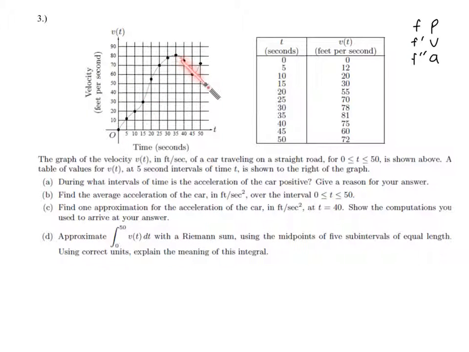Our velocity is decreasing from 30 to 45, so the acceleration would be negative. And then from 45 to 50, the velocity is increasing, so that acceleration is going to be positive again. So remember that the slope is positive if the function is increasing. So the acceleration is going to be positive if the velocity is increasing.